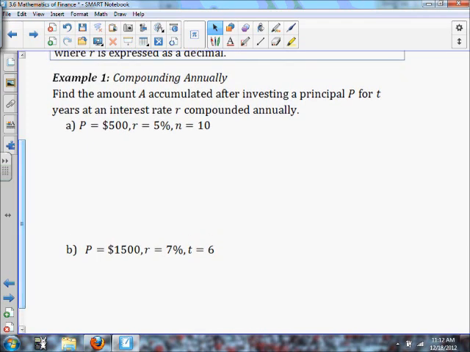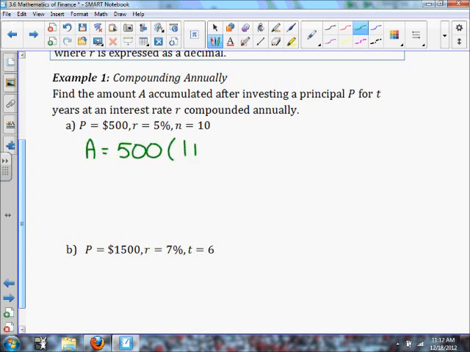Now, find the amount A accumulated after investing principal P for T years at interest rate R compounded annually. So, our A will equal 500 times 1 plus 0.05 to the 10th power.